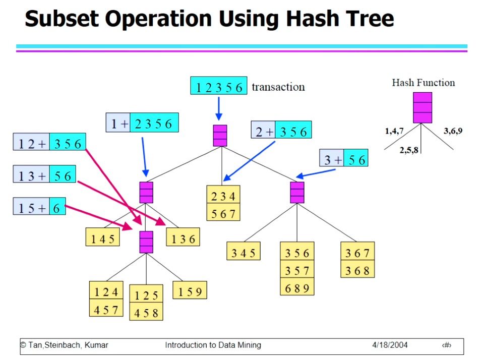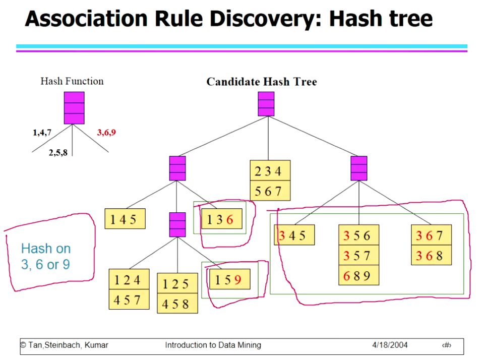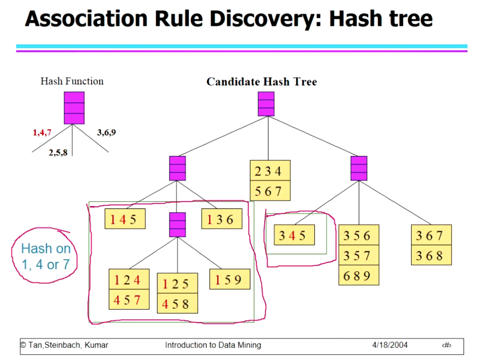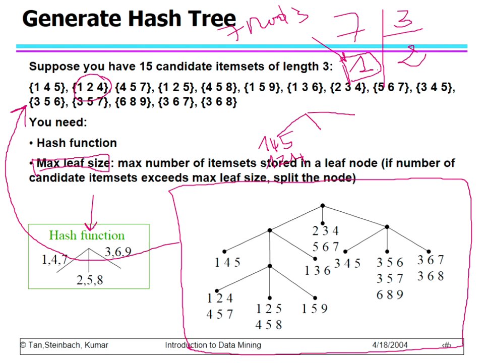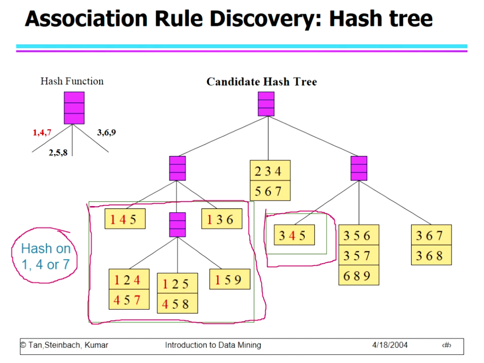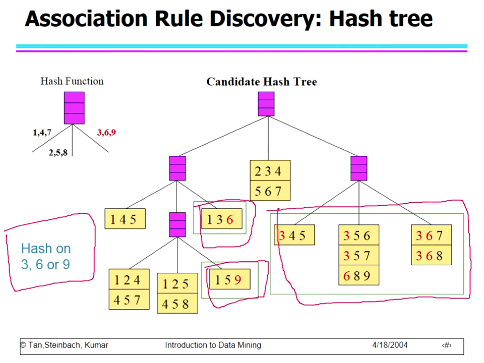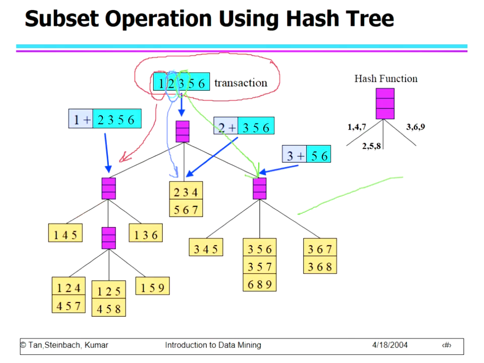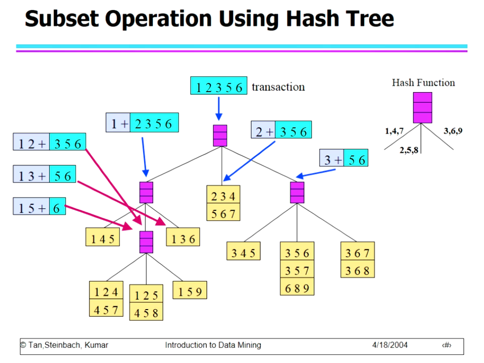So you can't forget the yellow box. The yellow box represents this hash tree, our hash tree. For you, you can't forget this yellow box.